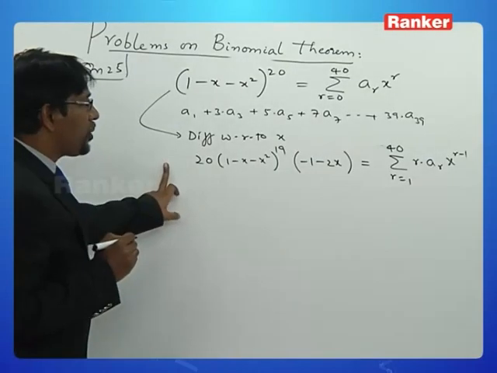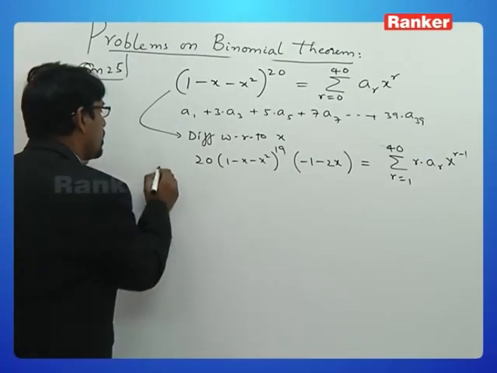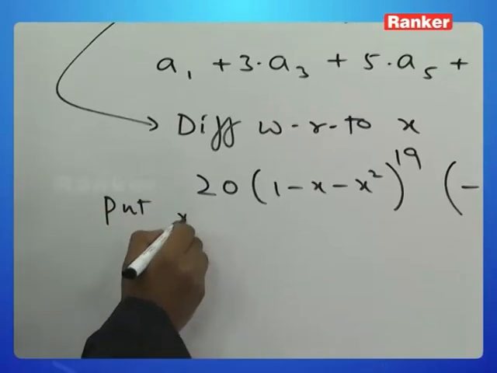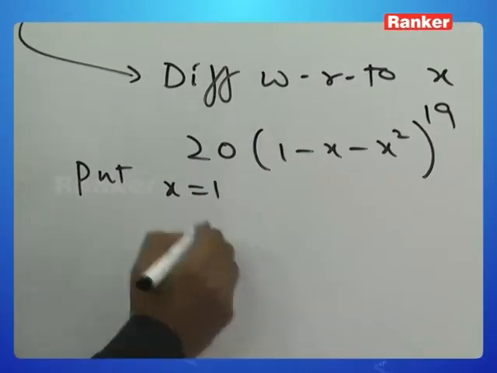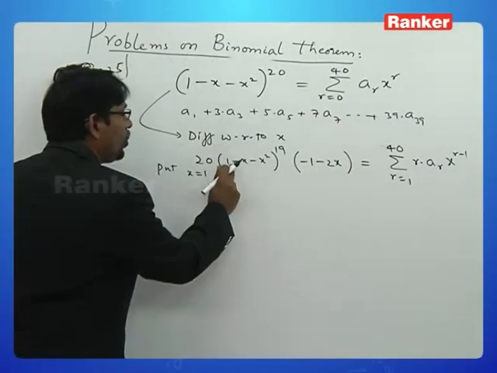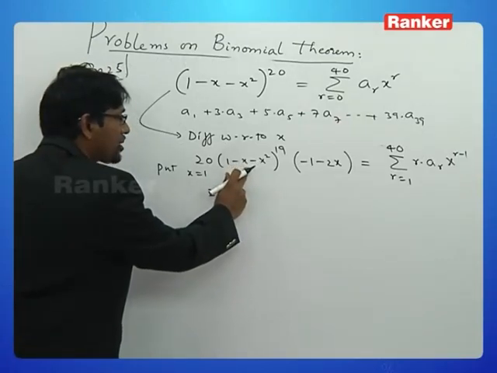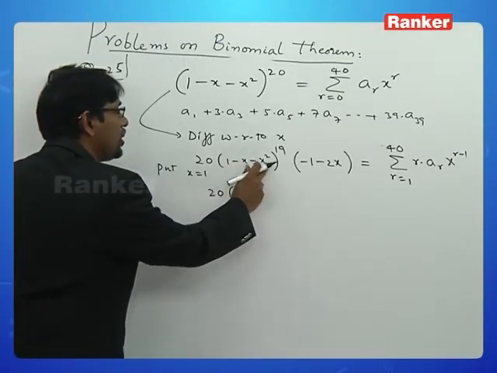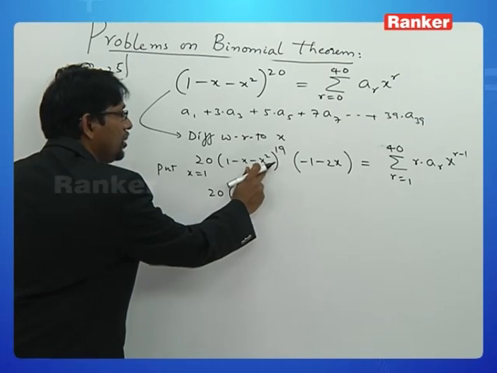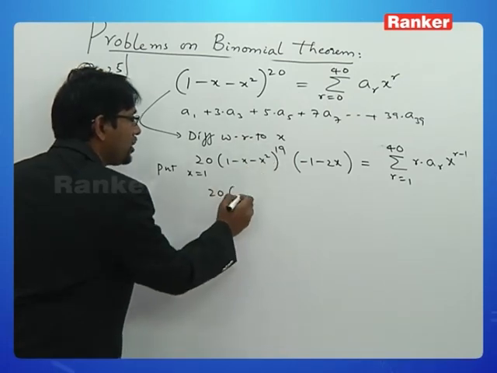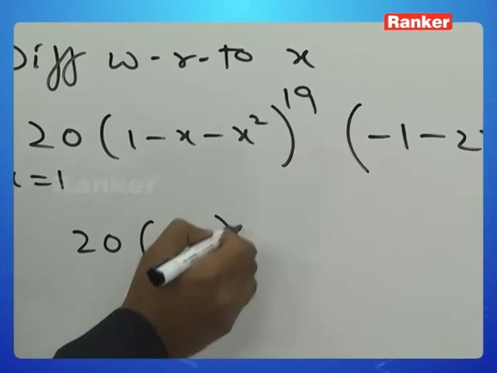If I put x equal to 1 here, what do we have? 20 into 1 minus 1, that makes it 0, then minus of 1 square, that is 1, and then minus 1 raised to the power 19.